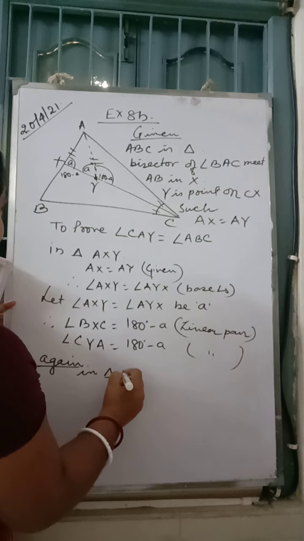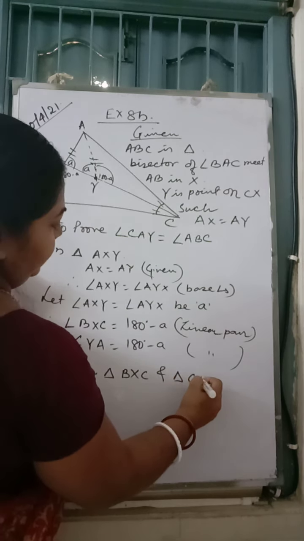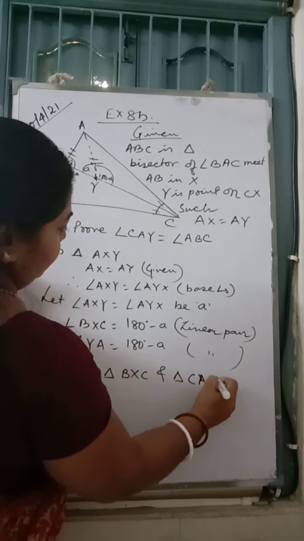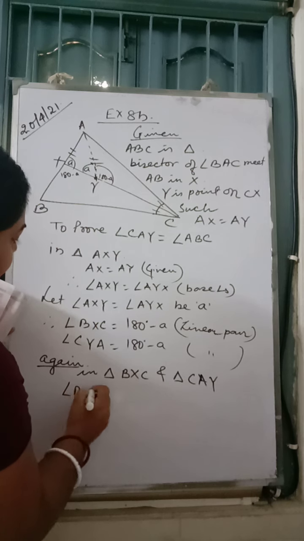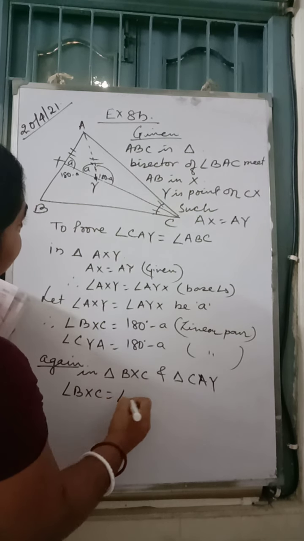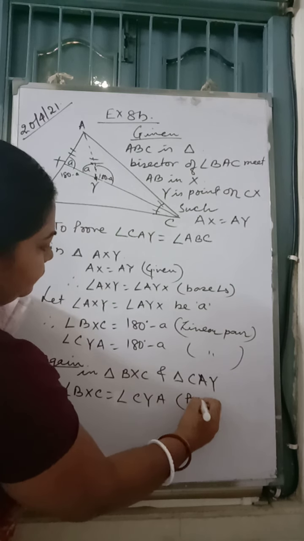Again, in triangle BXC and triangle CAY, angle BXC is equal to angle CYA, proved above.